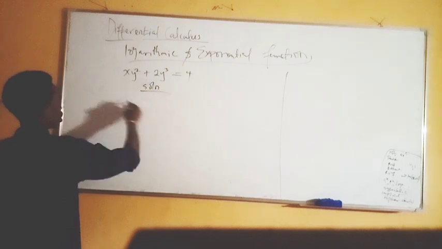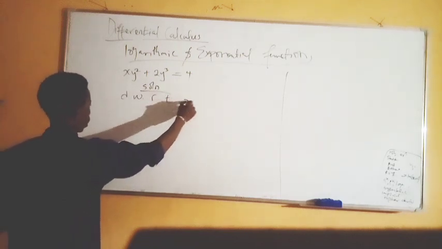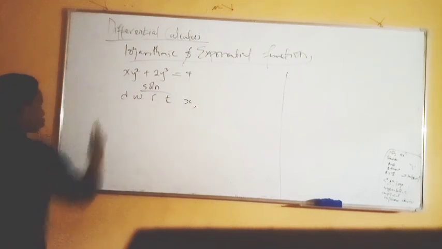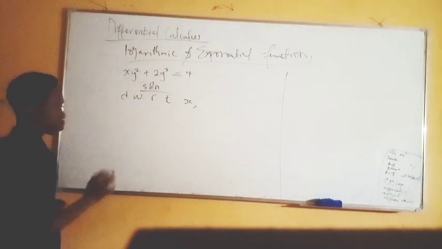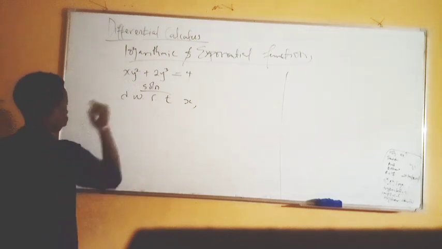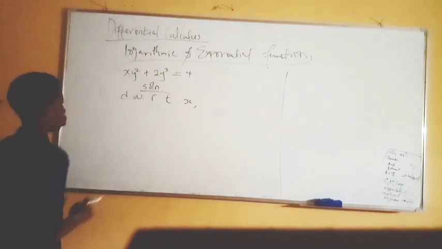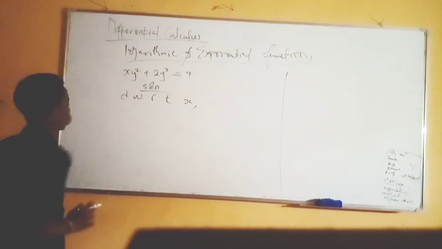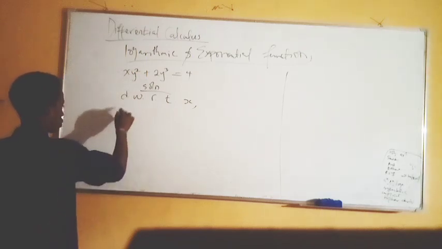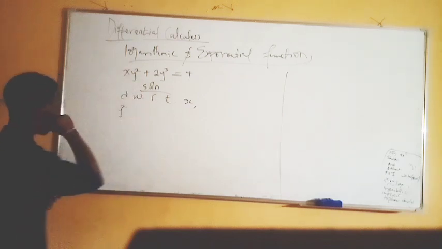Solution: differentiating with respect to x. First of all, differentiate this with respect to x, leaving the other term as a constant. So if y squared is a constant here and I differentiate x, I'm going to get 1 times y squared, which is y squared.